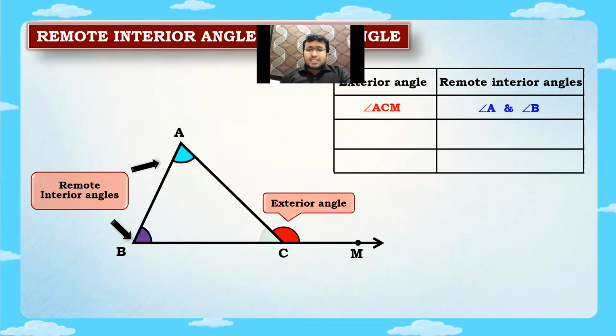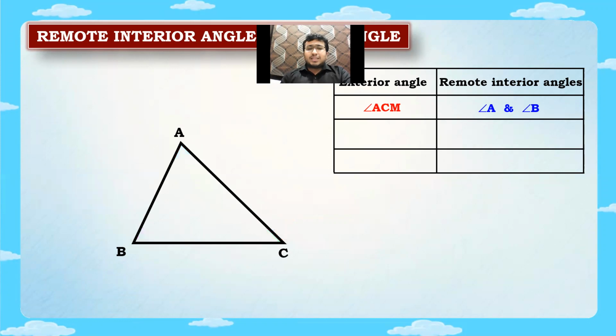Now students, from next time onwards, I want you all to give me the answer. I am extending AC. So I have angle BAR. BAR is an exterior angle. So students, BAC will be its adjacent angle. We don't need to take the adjacent angle. We need to take the remaining two angles. Which are the remaining two angles? Yes, super.